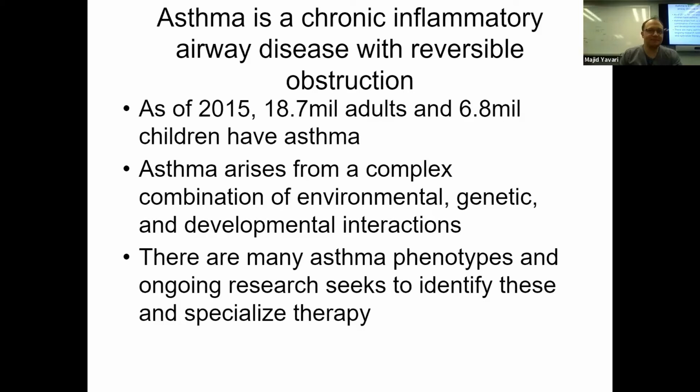So asthma is really genetic, environment, and developmental, like most medical disease: susceptibility, and then environment. You'll often see environmental factors contribute to asthma in areas of high pollution, areas with poor housing.